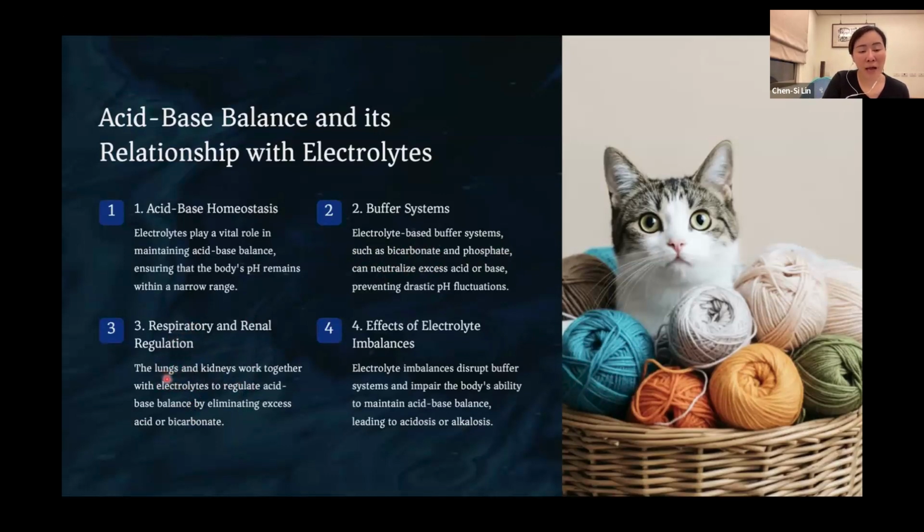We highly rely on these two organs to help us regulate acid-base balance, because we've mentioned that the kidney is the main organ that will help us retain the electrolyte or secrete out the electrolyte to help us maintain the balance of the electrolyte.